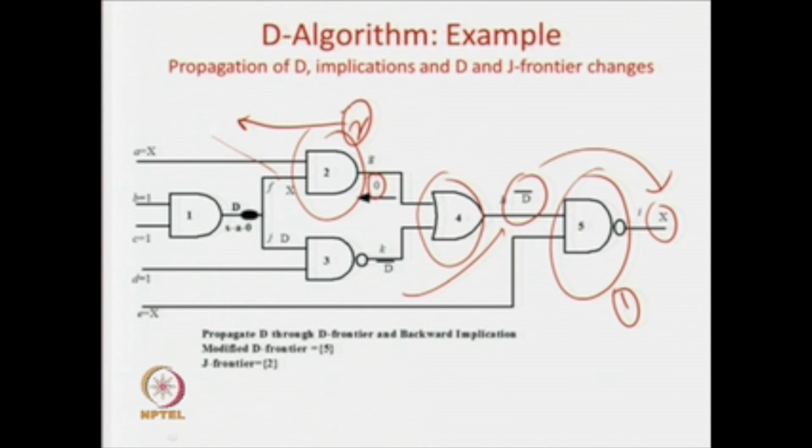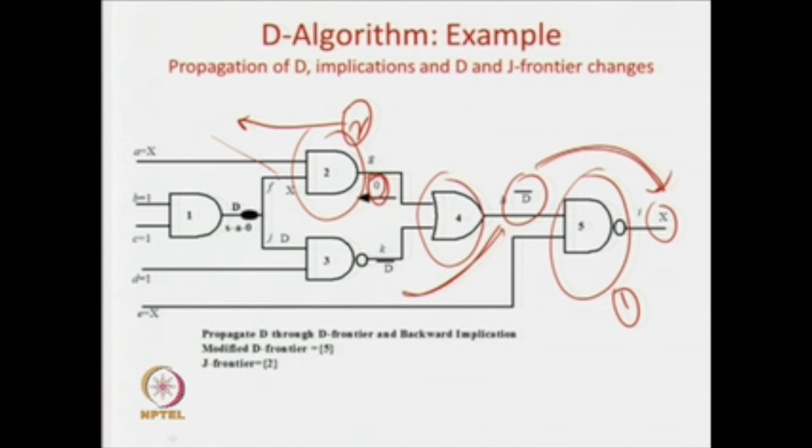So, what we have done actually is 3 things again. The fault effect you have propagated over here. So, first, gate number 5 will become a part of a D frontier, because in the next step there is a probability of propagating D prime through this. Next, the other input value of gate number 4, so that the fault effect D prime can be propagated through gate number 4, has to have a 0 applied over it.